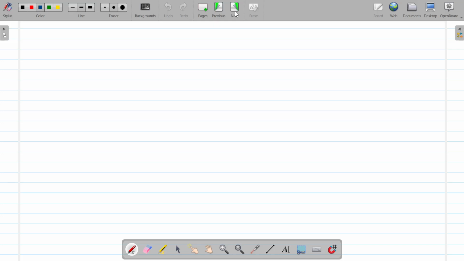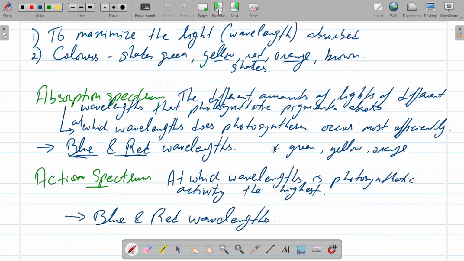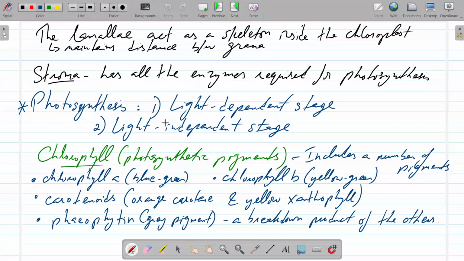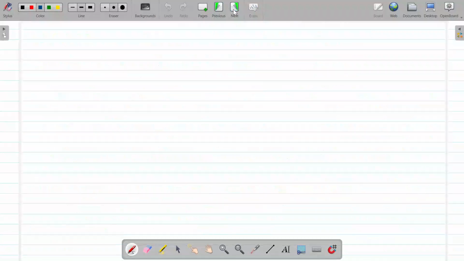Now today we will talk about photosynthesis, and what we're going to start off with is, I believe I mentioned this yesterday, that photosynthesis occurs in two different stages: the light dependent stage and the light independent stage.